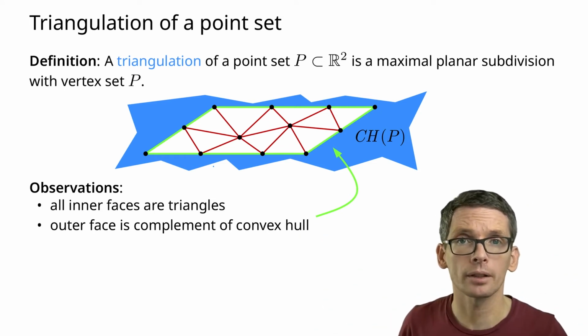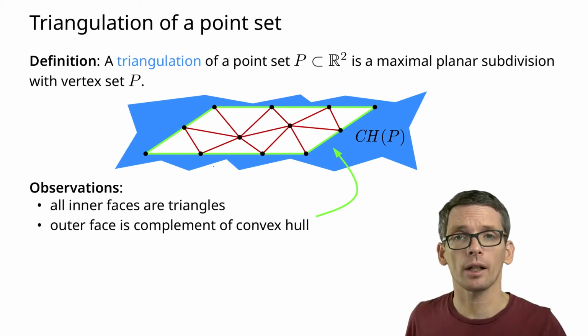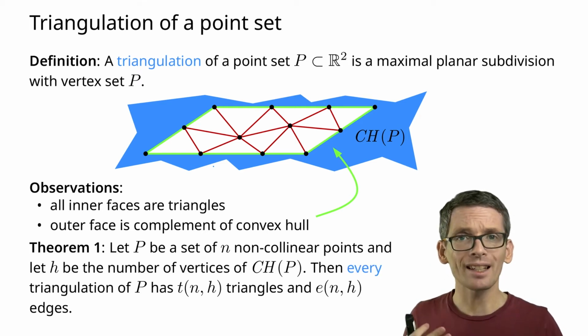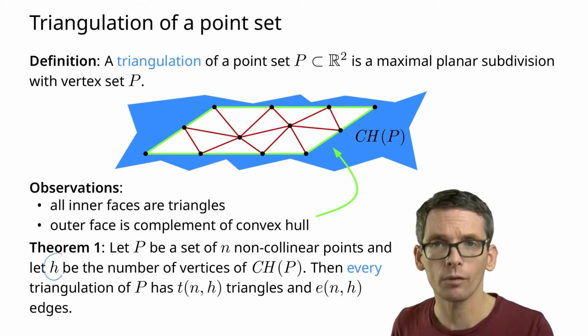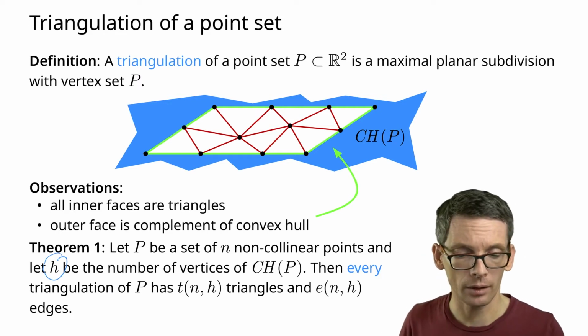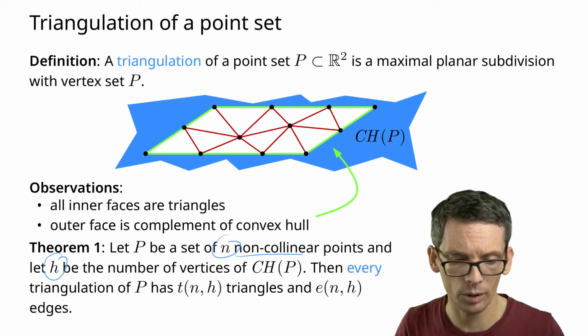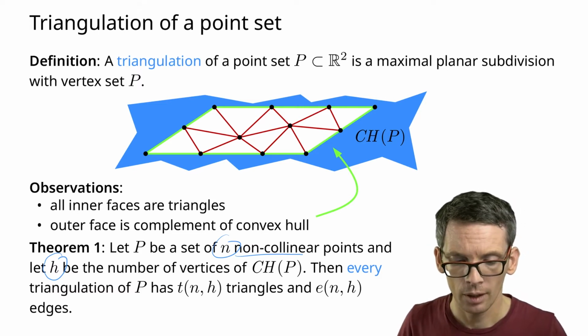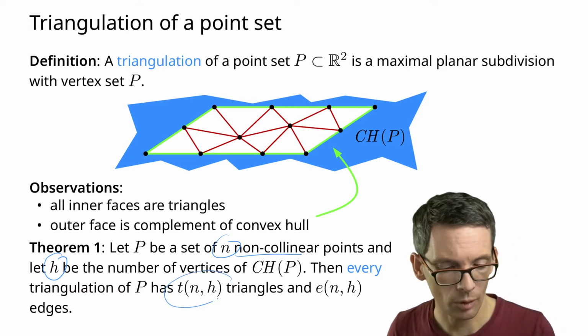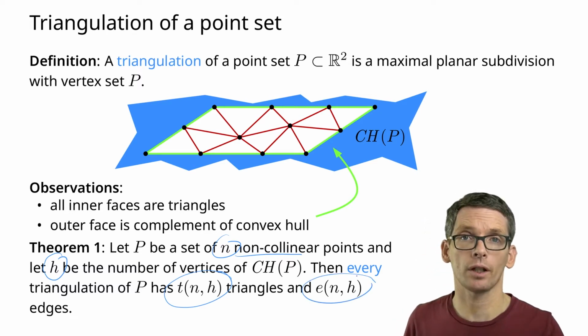Now I would like to make a statement about the complexity of a triangulation, and this I will phrase in terms of the number of vertices on the convex hull and n. And let's say n are non-collinear points, so they're not all on the same line. And then I would like to say something about the number of triangles and the number of edges.